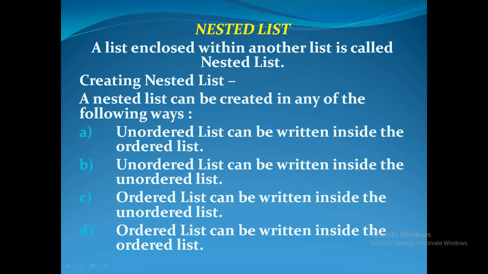We can create nested lists in the following ways: an unordered list inside an ordered list, an unordered list inside an unordered list, an ordered list inside an unordered list, and an ordered list inside an ordered list. So UL inside OL, UL inside another UL, OL inside UL and OL inside OL. These four types of nested list we can create.